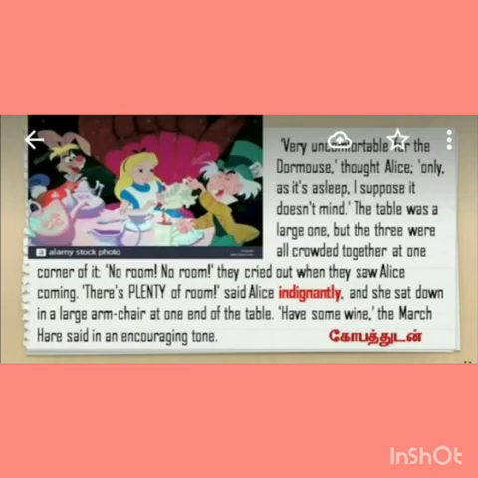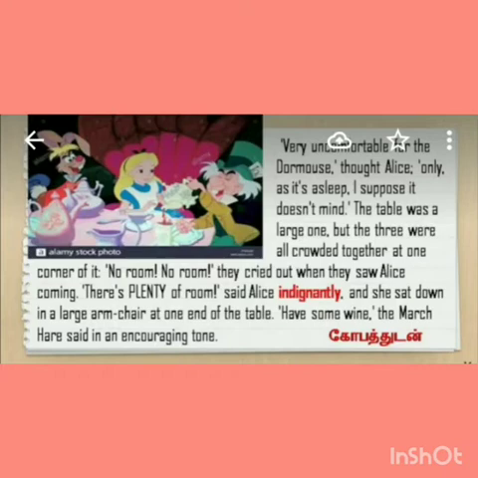See the next one. Very uncomfortable for the dormouse, thought Alice. Only as it's asleep, I suppose it doesn't mind. So just in between, that mouse was sleeping. So what was Alice thinking? It will be very uncomfortable for that mouse.